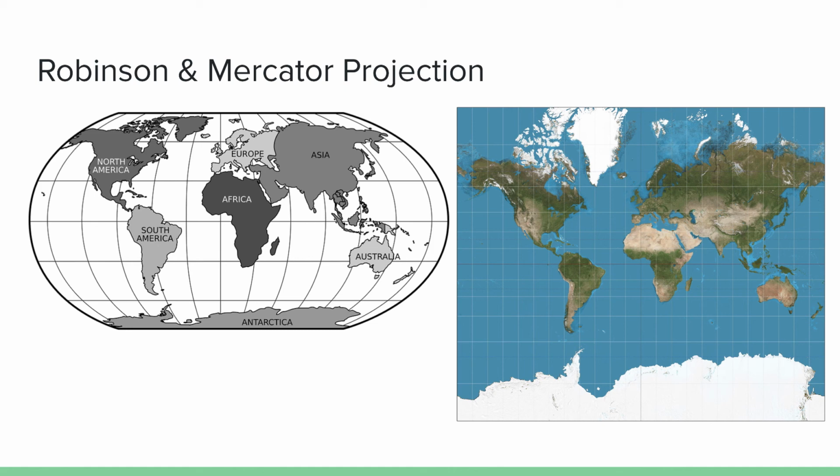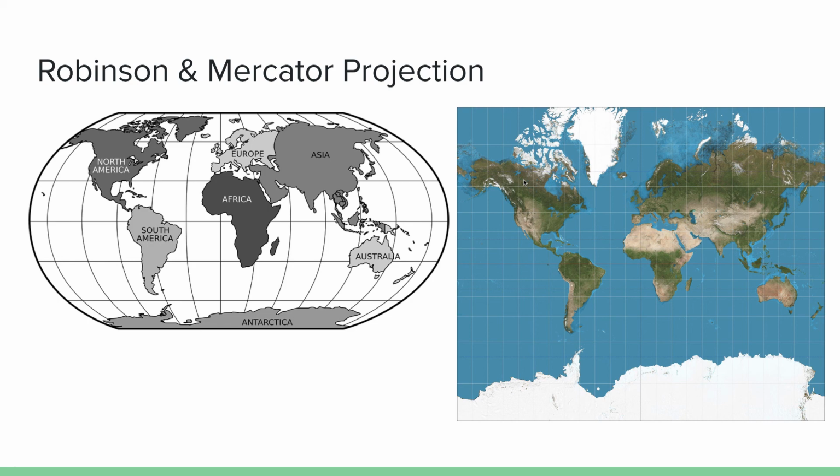So it is here on the south, and on the north, it just makes those areas much larger than what they are. But you also want to keep in mind the Robinson map is more of an accurate depiction, while the Mercator kind of makes things much larger than what they appear in certain areas.